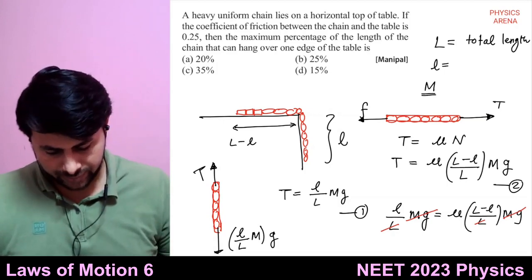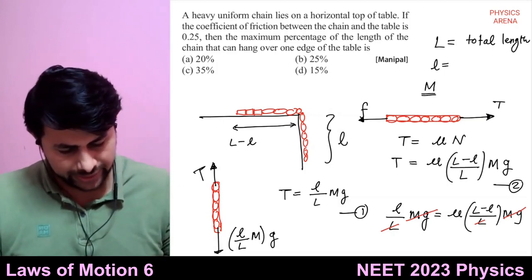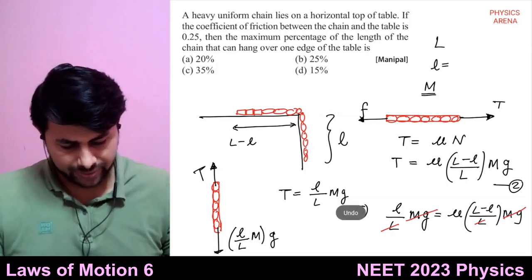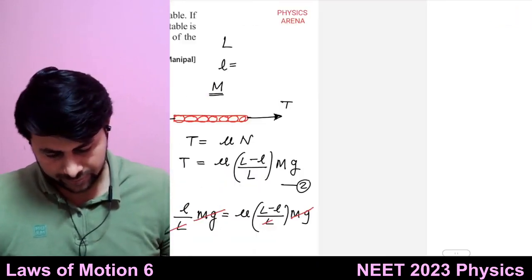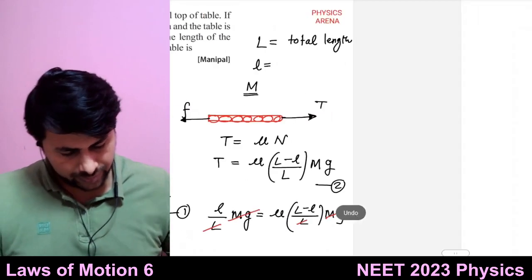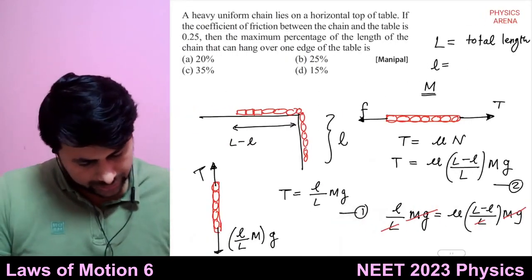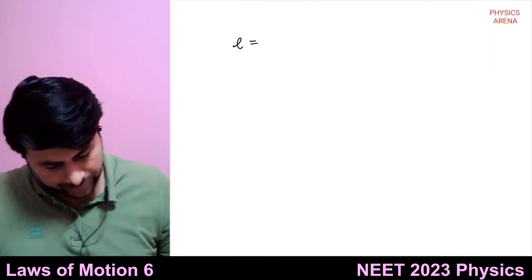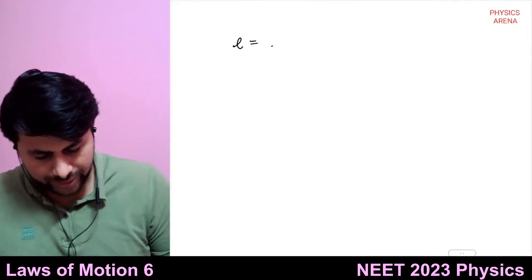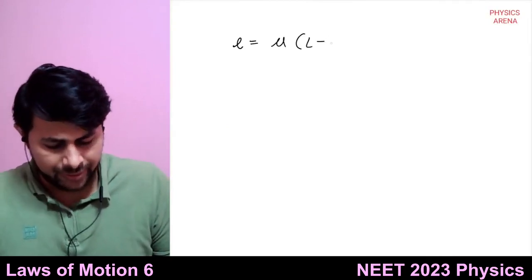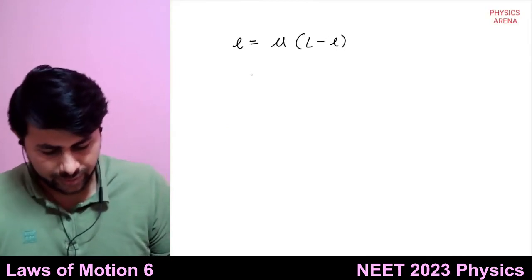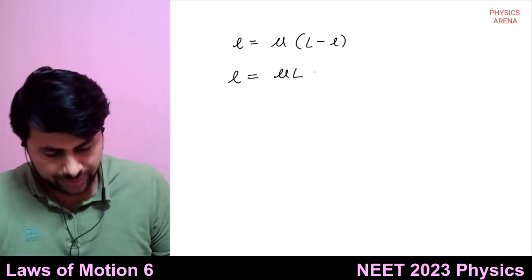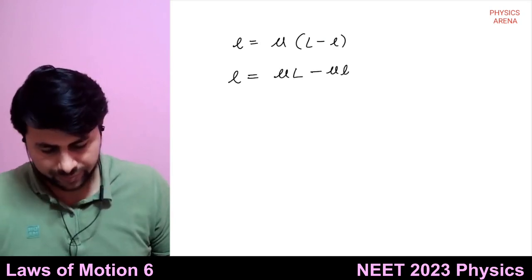Okay. So I will just erase this part, or let's keep it here. So we have small l is equal to mu multiplied by (L minus l). So small l is equal to mu times capital L minus mu times small l.